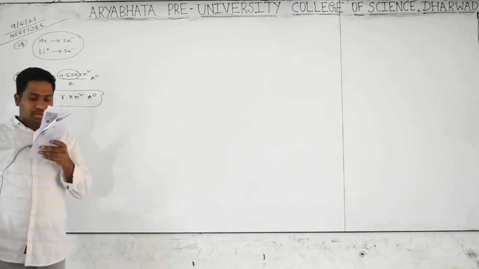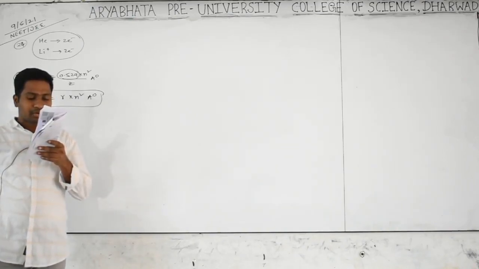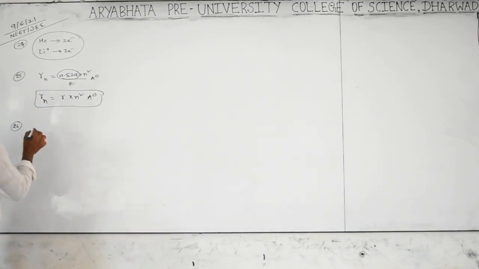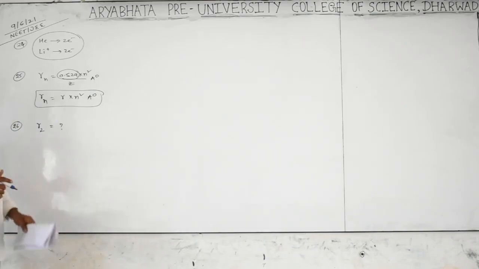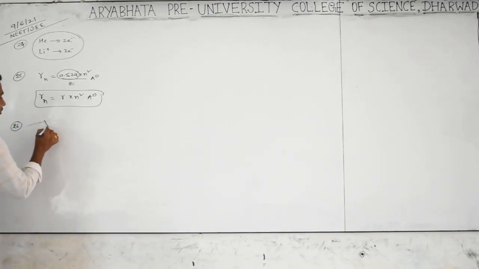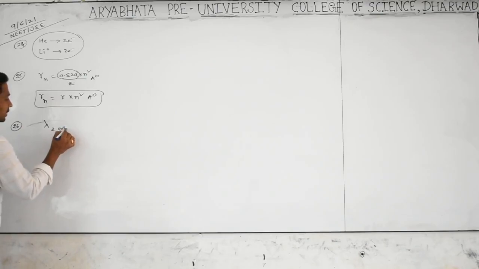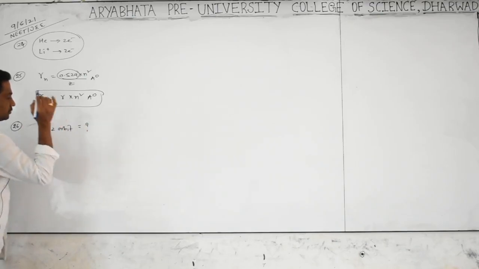It is asking the wavelength, not the radius, of the electron in the second Bohr orbit in picometers. So the wavelength of the second orbit electron is the question.